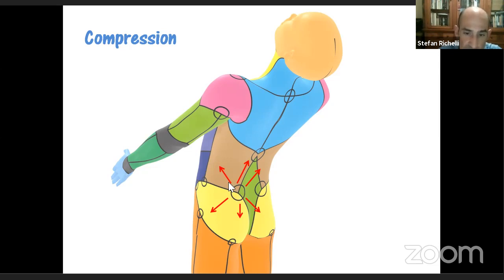So again, we have to move the skin and the superficial tissues away from this area to decrease the compression of the skin and tissues in this area. So we are moving far away from this point to restore the elasticity of the tissues and reset the sensors that are inside this area.